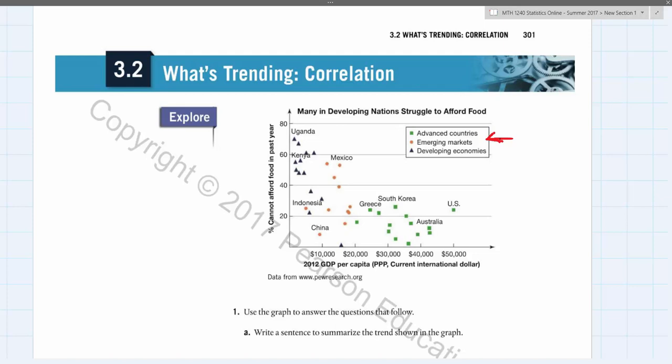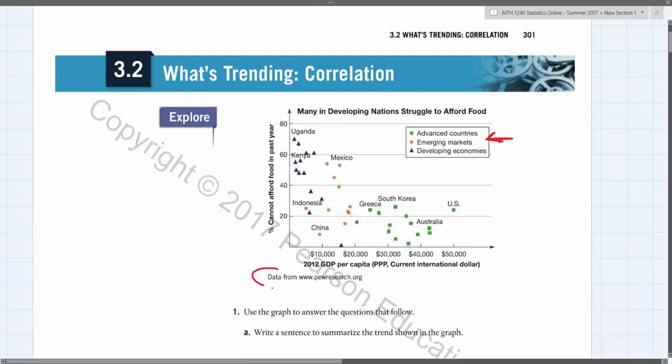We can also see there's a source here, from pewresearch.org, a pretty reliable research group where we can get information. Something else to note is that not every symbol is named, but certain countries are named, so we can see here's the U.S.